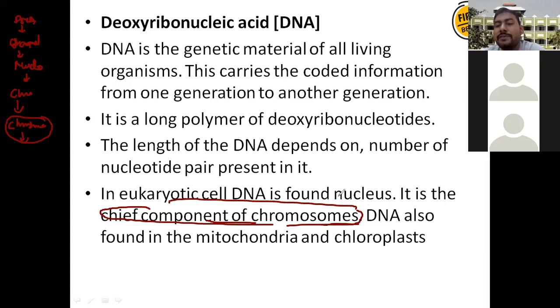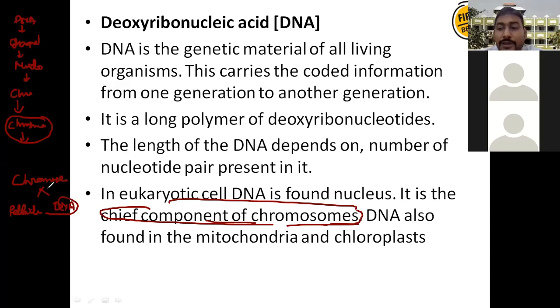DNA is the chief component, because what we have studied is that the chromosome is made up of two things: the outer pellicle protein and the genetic material, that means DNA. So chromatin, chromatids.